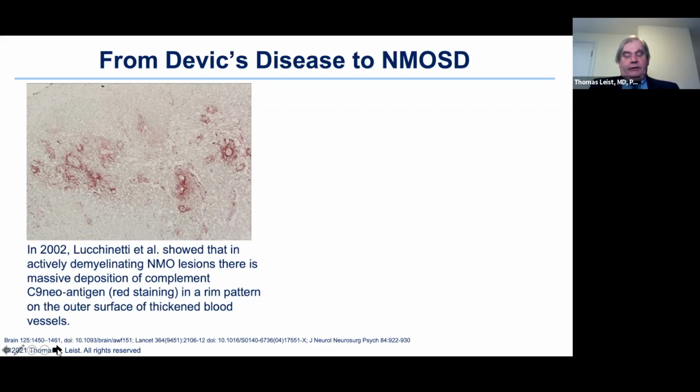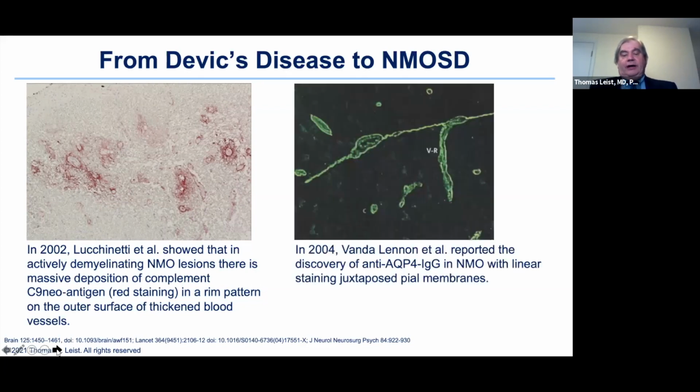It took then the researchers at the Mayo Clinic only a relatively short time to recognize what this antibody was and what it recognized in these areas of neuromyelitis optica lesions.